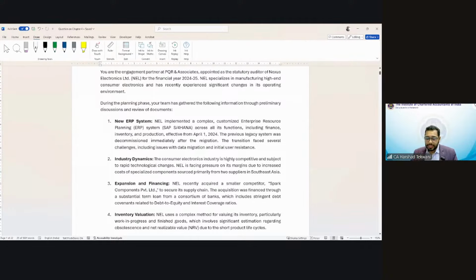So, I have one answer which is very good, risk of accuracy and completeness. So, I will say accuracy and completeness of data because of the migration issues that were there. Very good. What else?